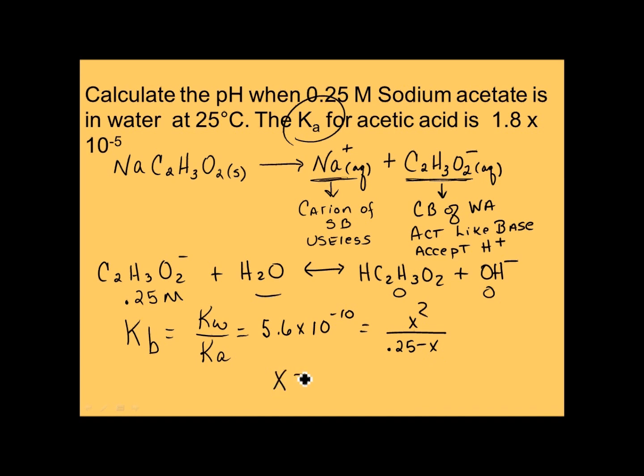Be careful. Which ion am I solving for? I am solving for the hydroxide ion. My x is hydroxide. My x comes out to be 1.2 times 10 to the negative 5 molar. That gives me pOH of 4.92 and a pH of 9.08.